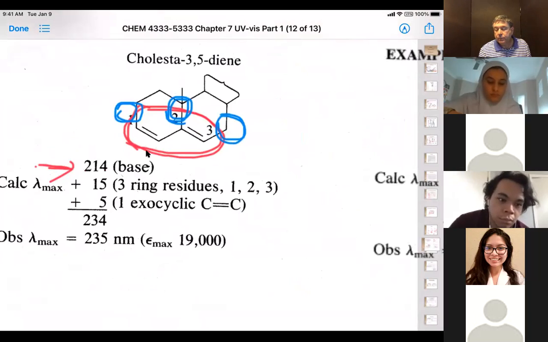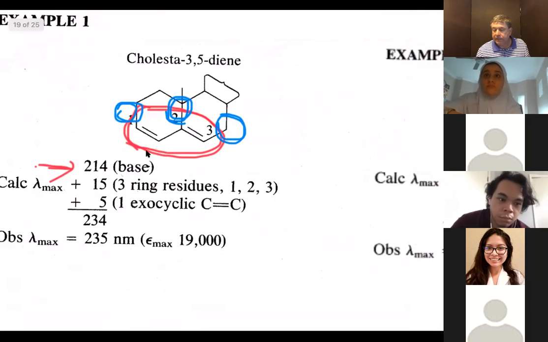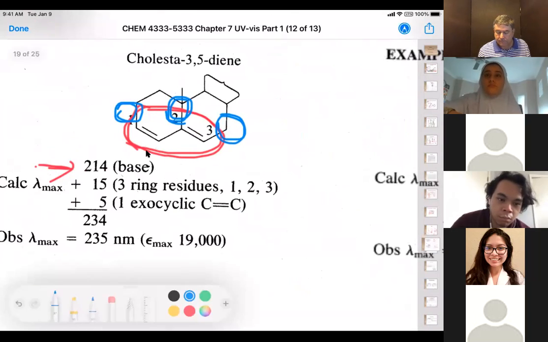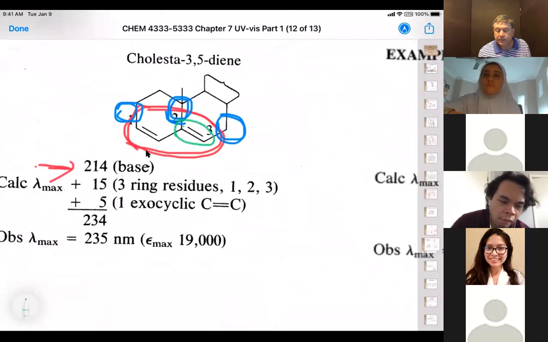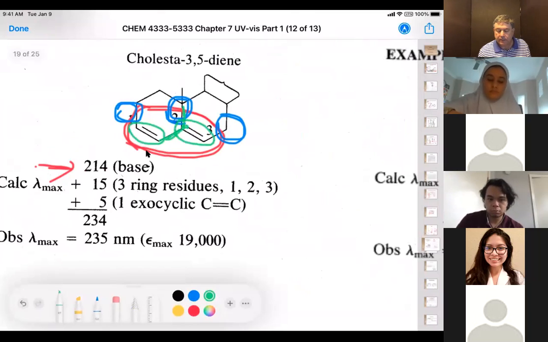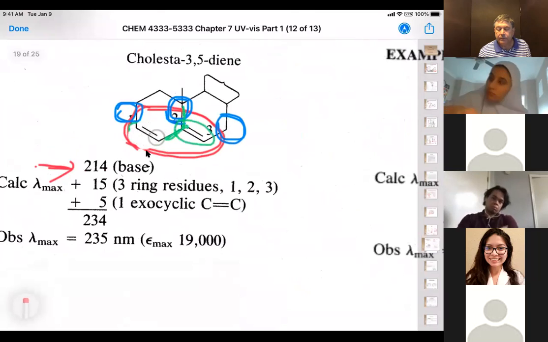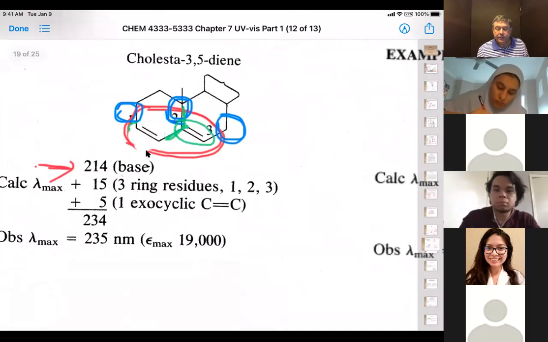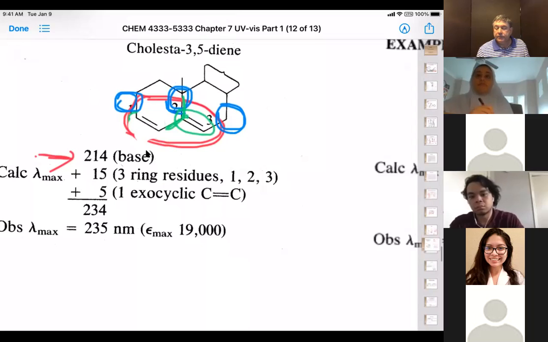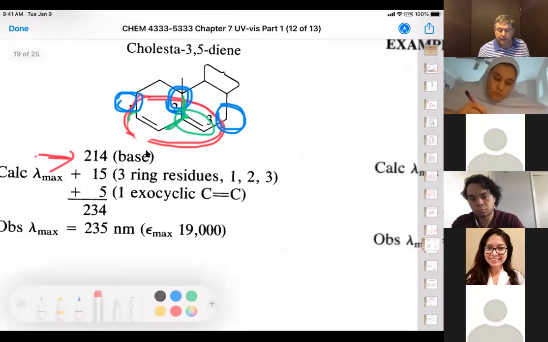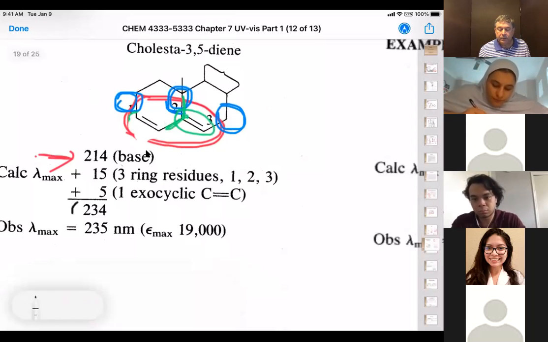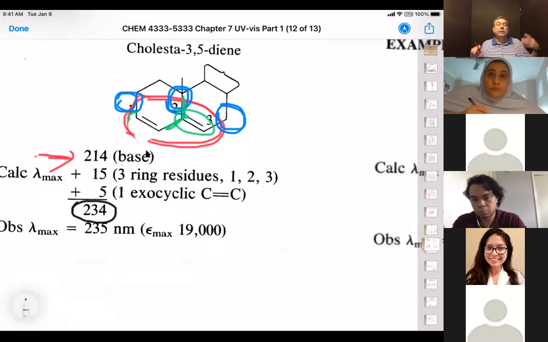Let me circle it in green. This is our exocyclic because the double bond terminates into a ring. This is endocyclic right here. The exocyclic is the one that terminates into the ring, and therefore we add for that. And so by calculation, our lambda max should be approximately 234 as our predicted number.